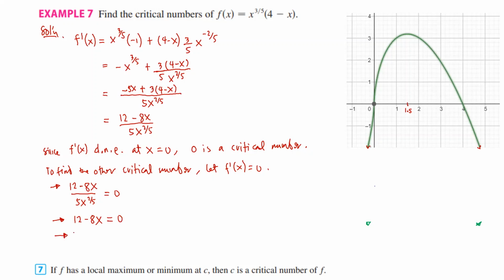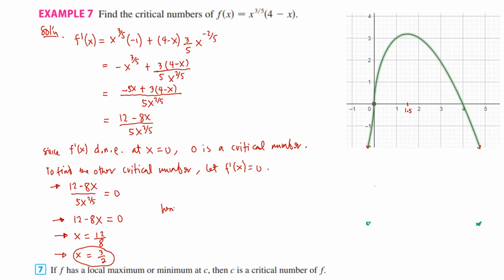And solving for x, you will have x equal to negative 12 over negative 8, which is equal to 12 over 8, which will give you 3 halves, or 1.5.